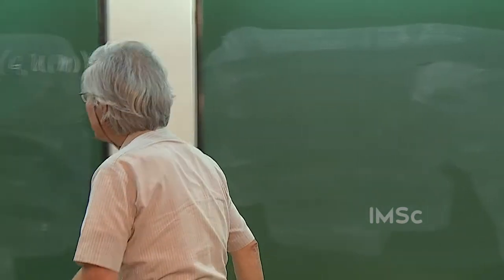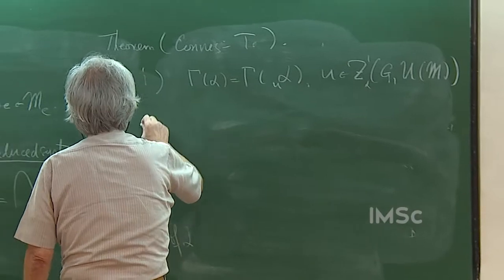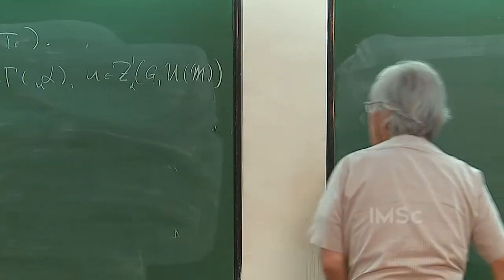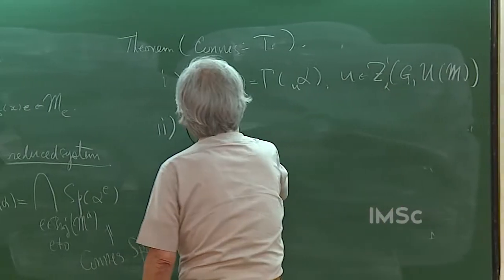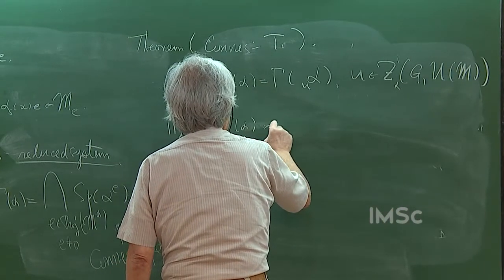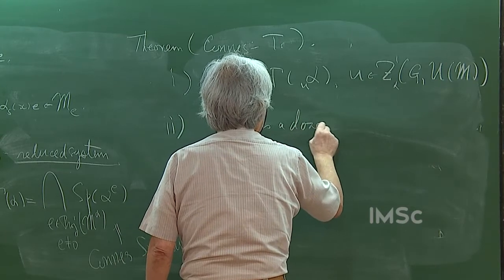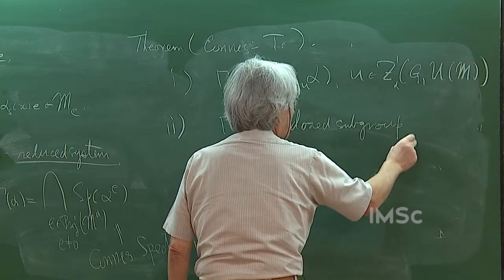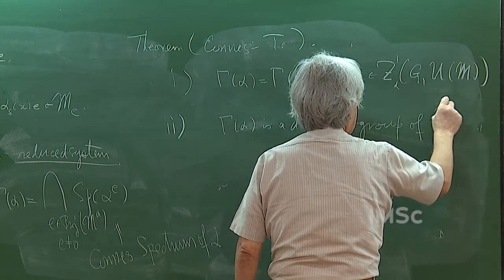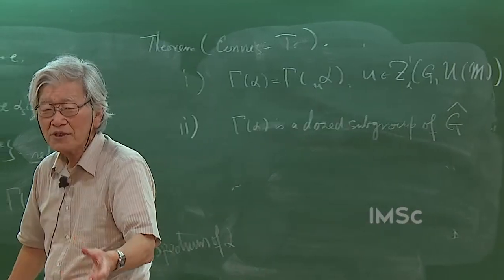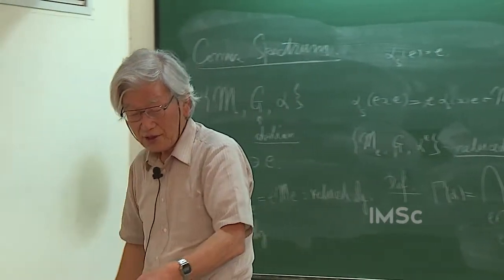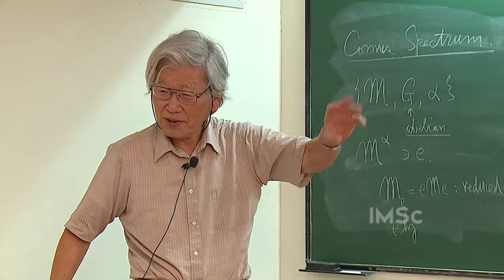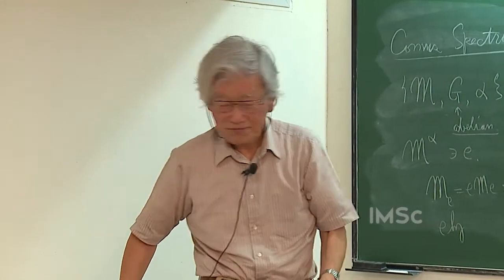Number two, gamma bar of alpha is a closed subgroup of G hat. Arveson spectrum need not be a group. Look at the positive spectrum, then it's not a subgroup.